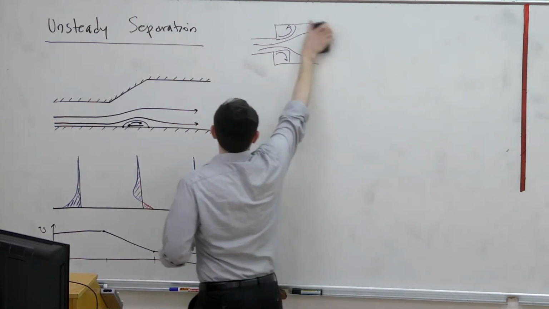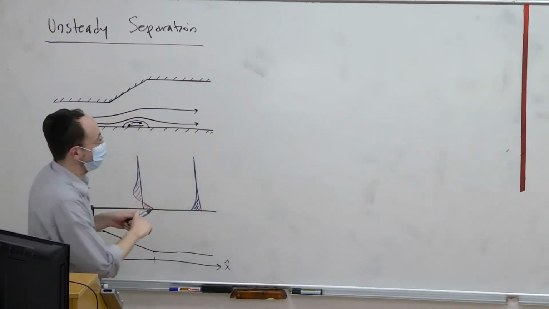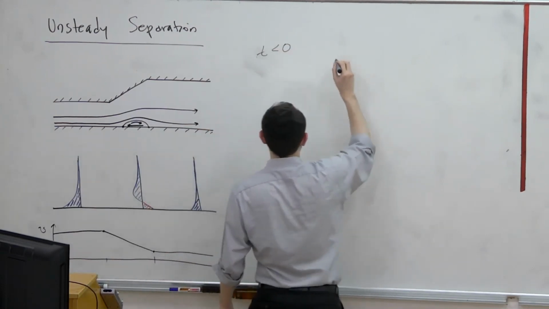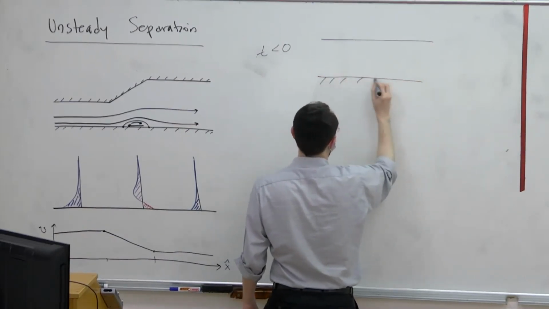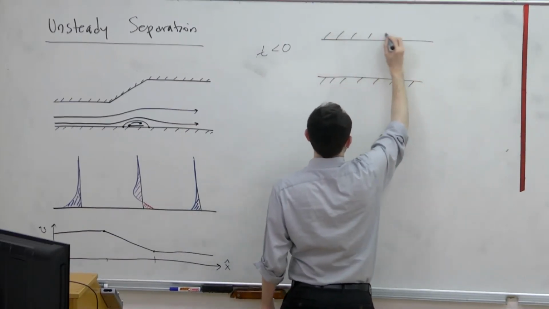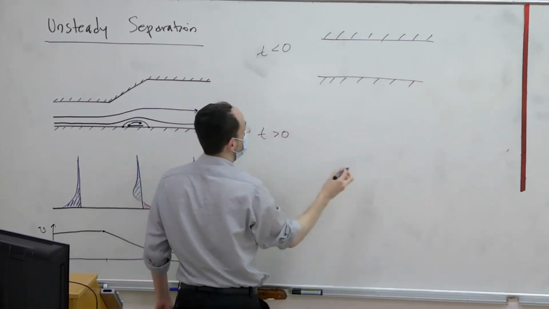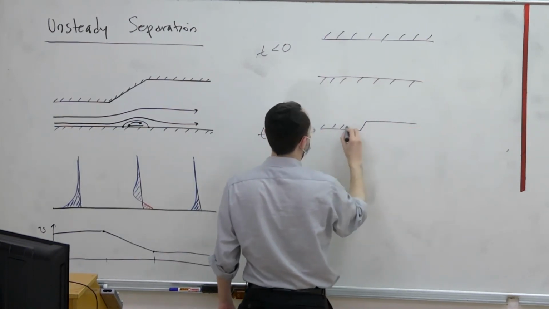So this is the model that we're going to use, and we have to introduce some unsteadiness to this. So imagine that for time less than 0, we have just the straight channel, nothing interesting at all. And then imagine that for time greater than 0, we produce a channel that looks like this.